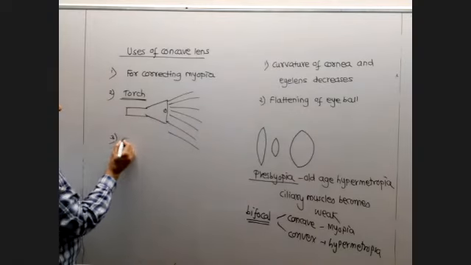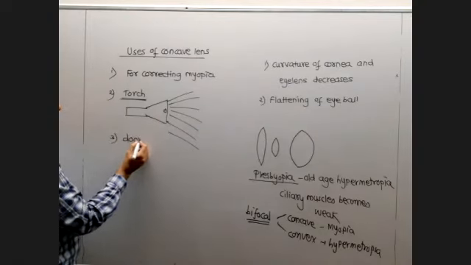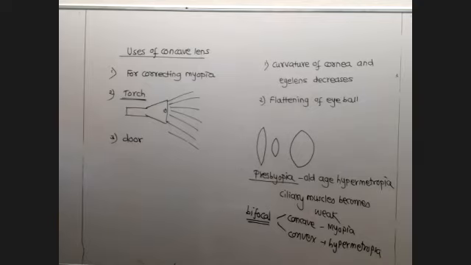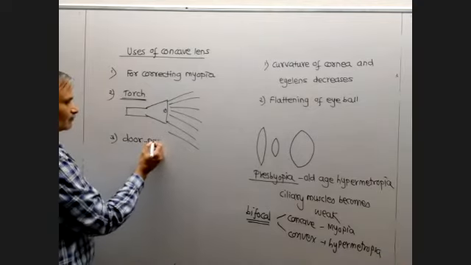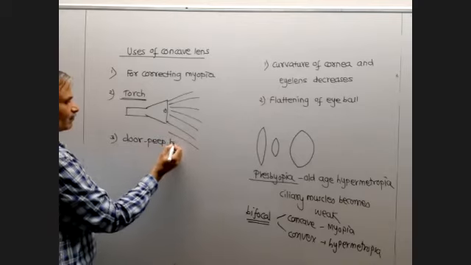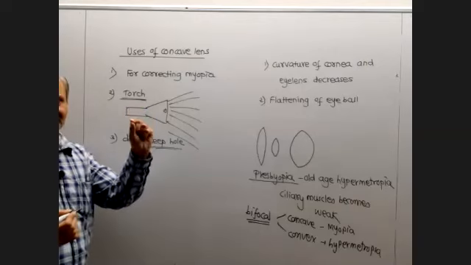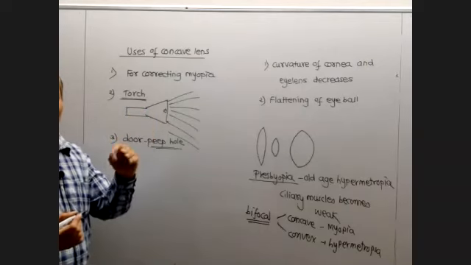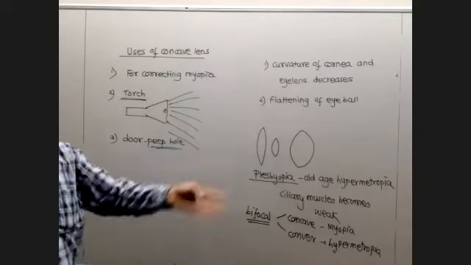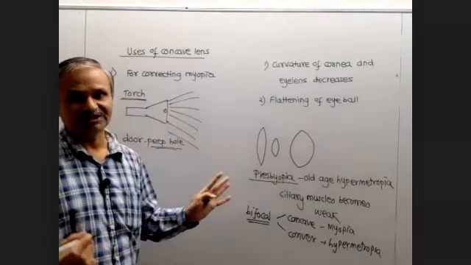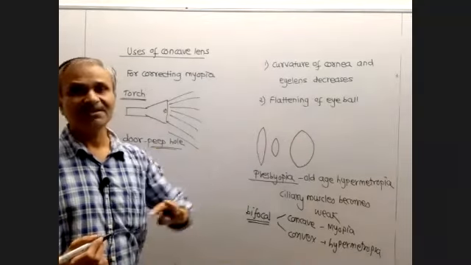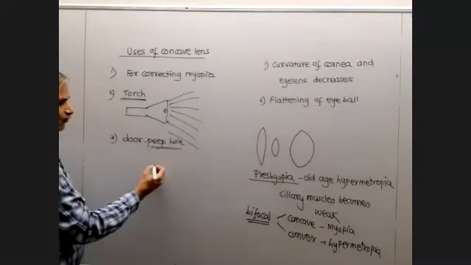Then, say at the door, a very small peep hole is there. So a very small concave lens is there. From inside we are able to see the wide range outside, but an outsider cannot see inside.